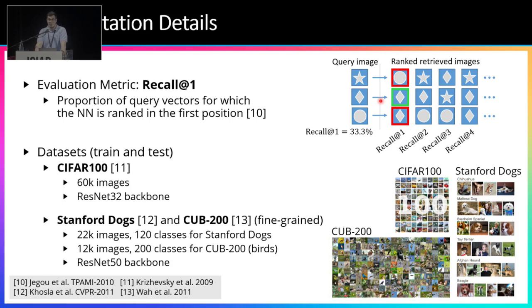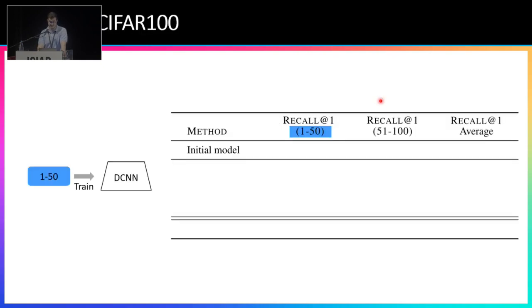In order to compare CSD with several baselines and current state-of-the-art methods, we adopt 3 different datasets: CIFAR-100 and 2 fine-grained datasets, Stanford Dogs and CUB-200.